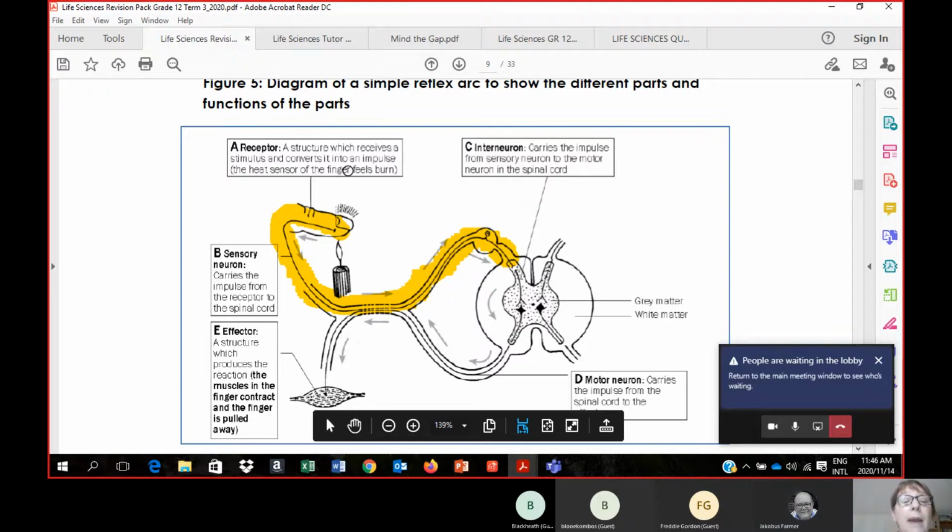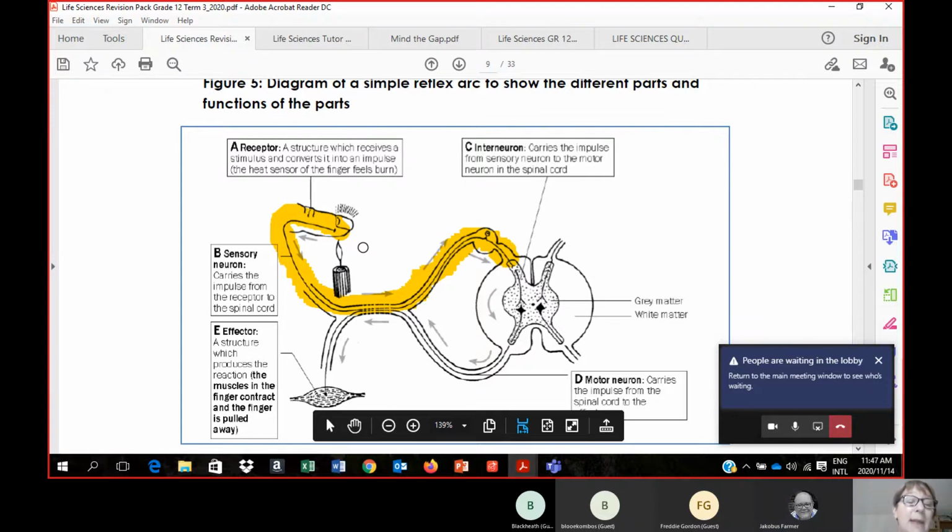Now, a receptor, you get different types of receptors in the body. So in this case, you can see that there's a little candle flame over here. So this would obviously be a thermoreceptor, a receptor which is sensitive to heat or cold. But you get pain receptors in your skin. You get mechanoreceptors, for example, in your ears that are sensitive to sound waves.